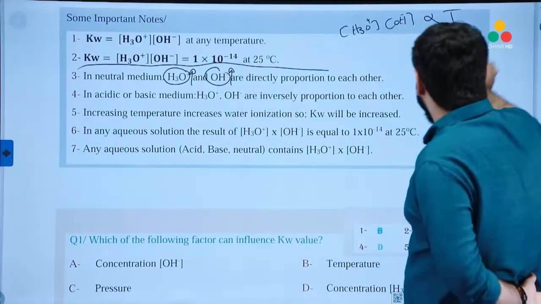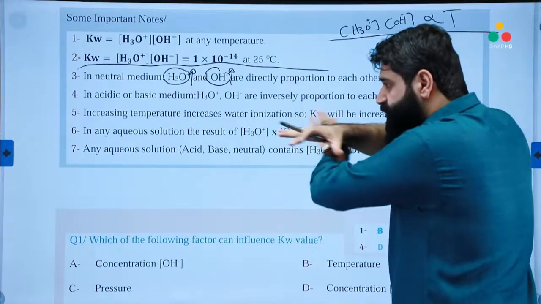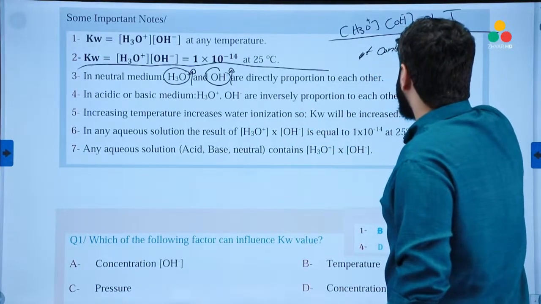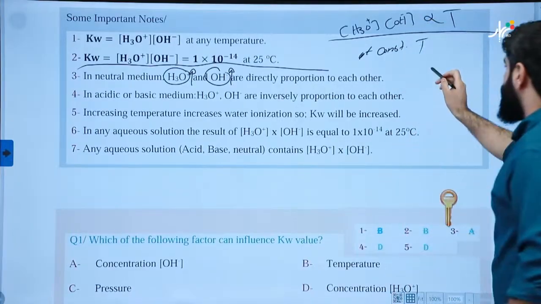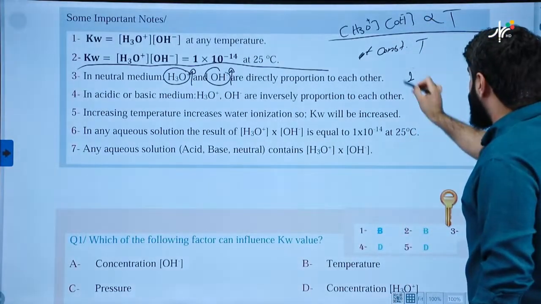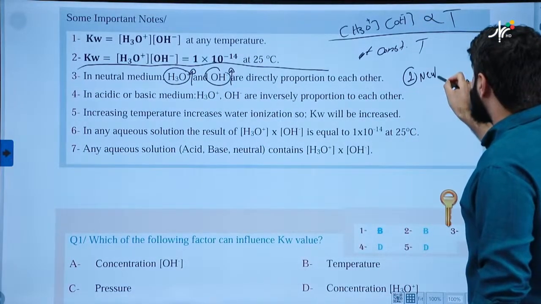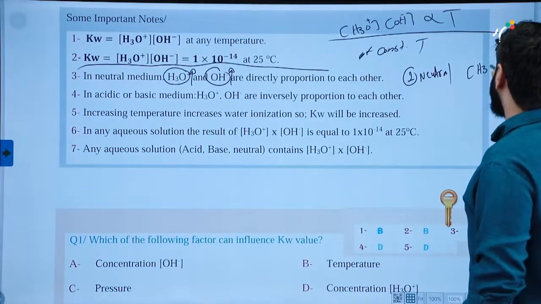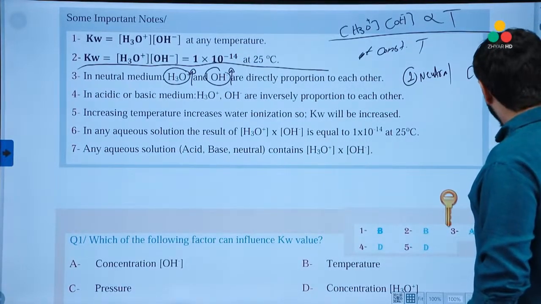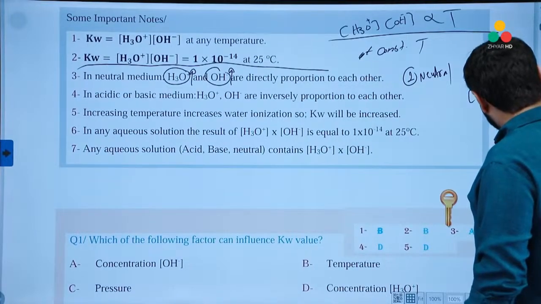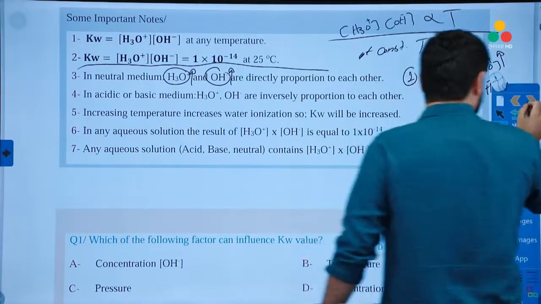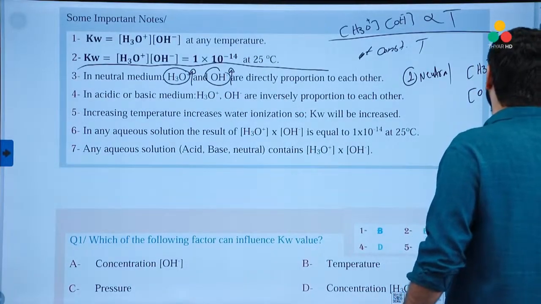But mister, what if the temperature is constant? At constant temperature, in neutral medium, if I increase H3O, OH is also increased.